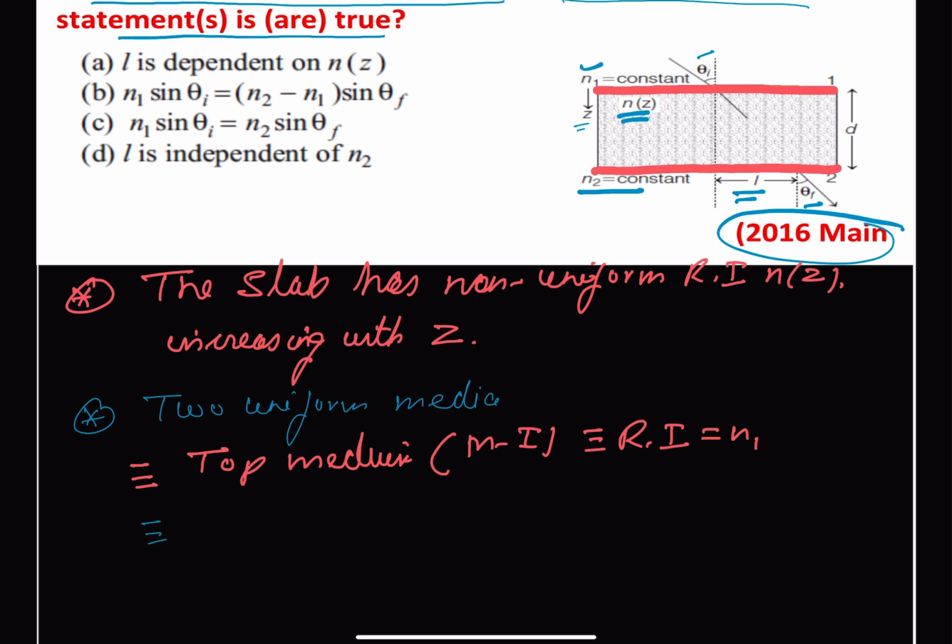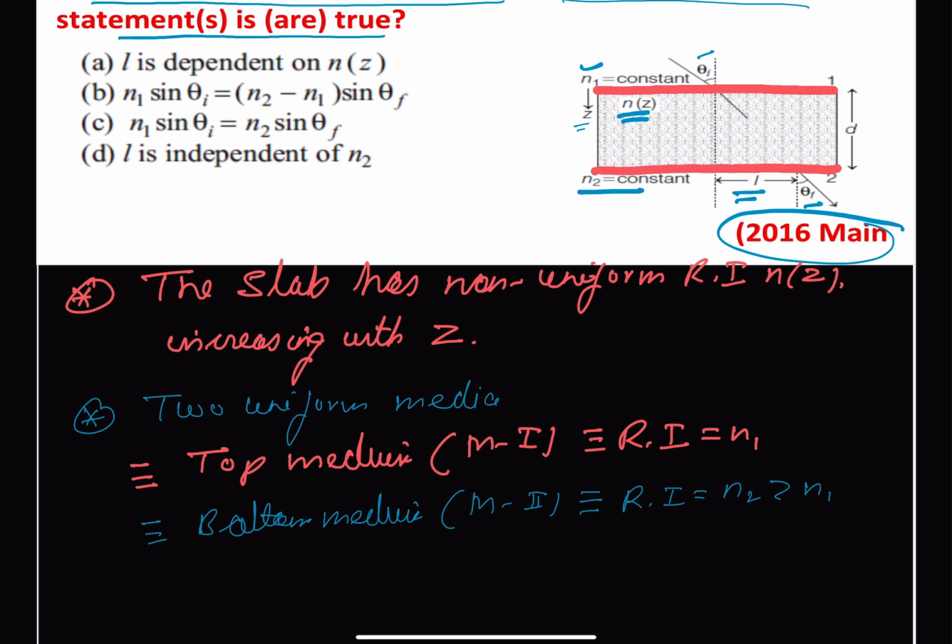Then we have the bottom medium, which we call medium 2, and its refractive index is given as n2. We are also given that n2 is greater than n1.